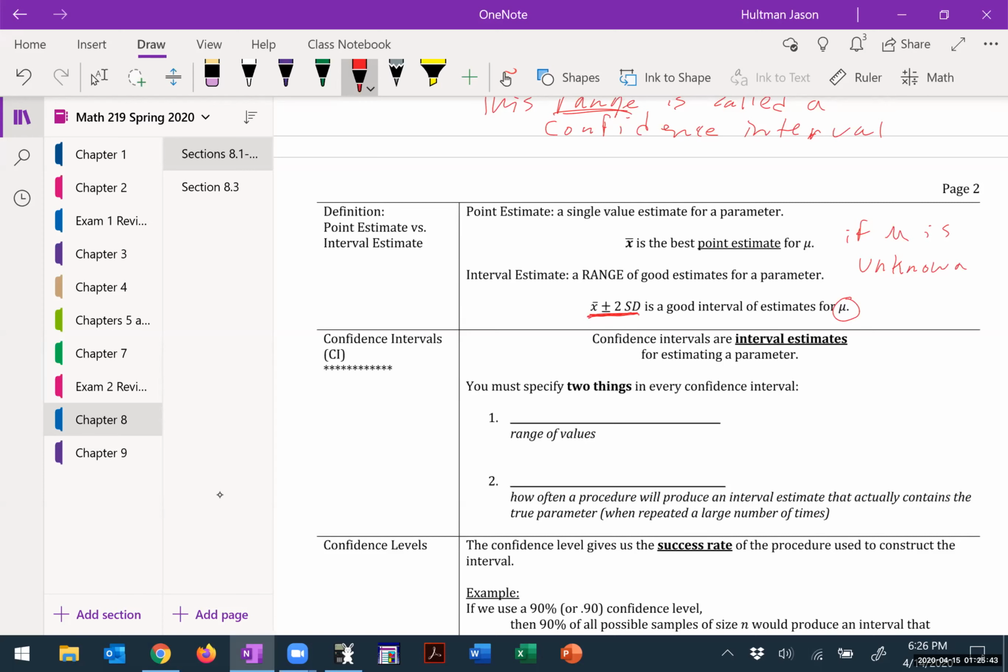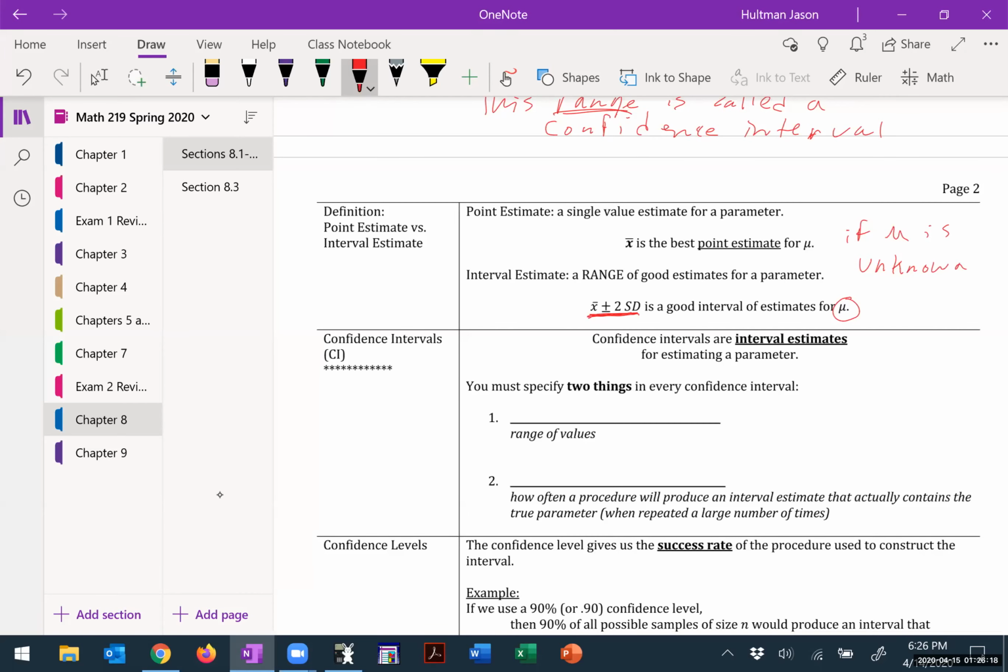That's going to be a good range of values to look for my car keys. If I hadn't been in my car for 3 or 4 days, that might not be a good place to look. So it's the same thing here. We don't know the mean, but we want a good place to look.